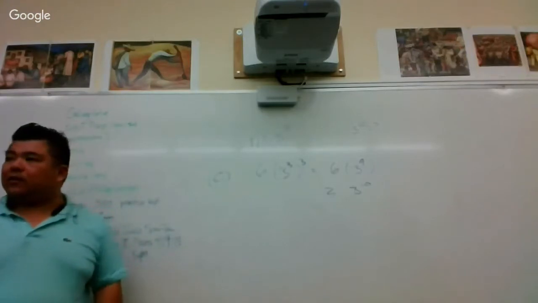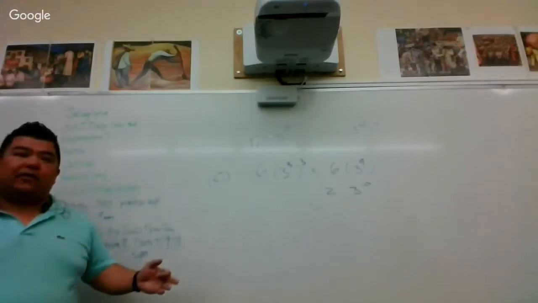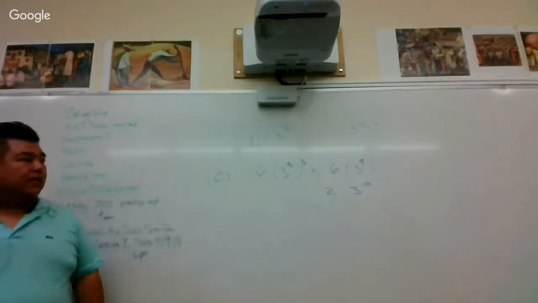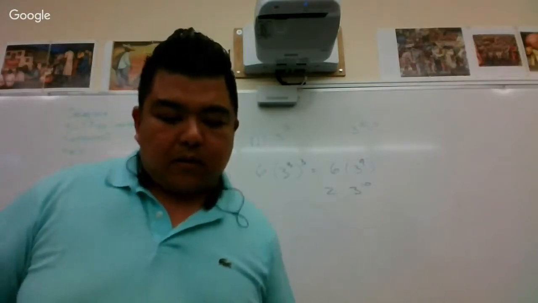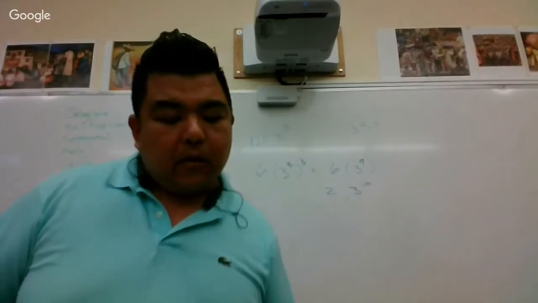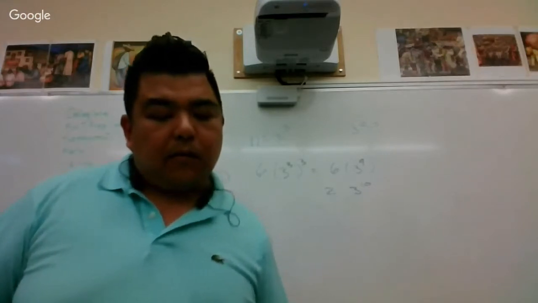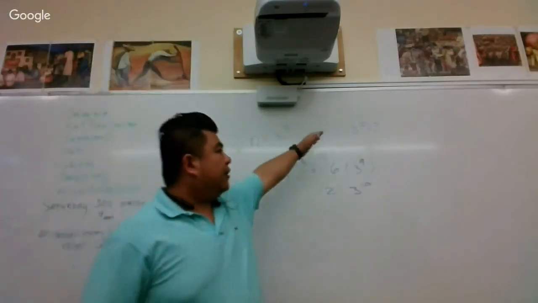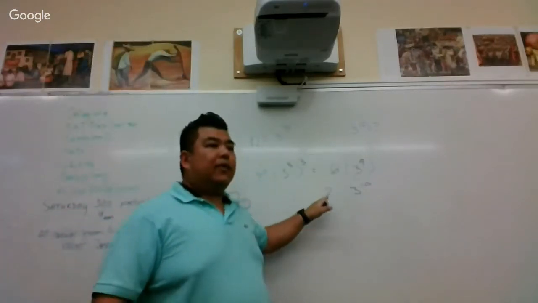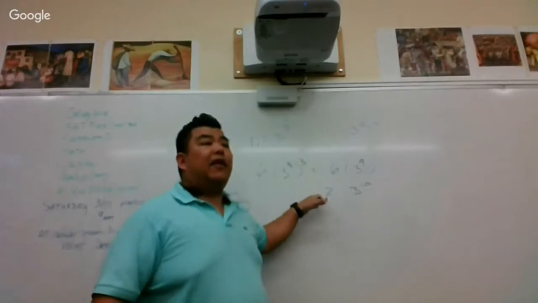Jeremy, question there? Oh, you're going to answer it? Okay. Well, the reason why C doesn't work is we want it to equal 3 to the 10th. And C didn't work because there was a 2 that was sitting there and that was out.